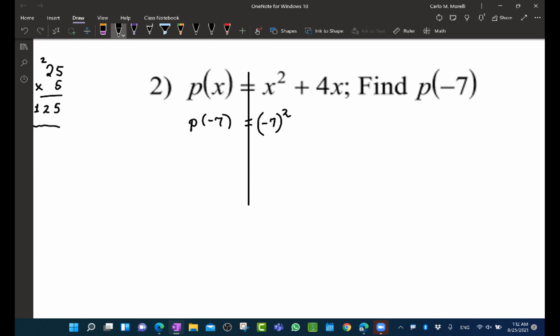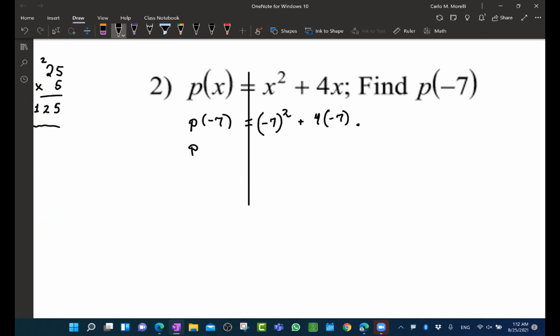Because if you don't put it in parentheses, you can get it wrong. Plus 4, again in parentheses, really important here, times -7. And I just want to verify that everybody understands when we have a 4 and then an open parentheses and then a number in a closed parentheses, we know that that means multiply. Okay, so that's like a complete sentence. You could put a period at the end of that sentence or a comma.